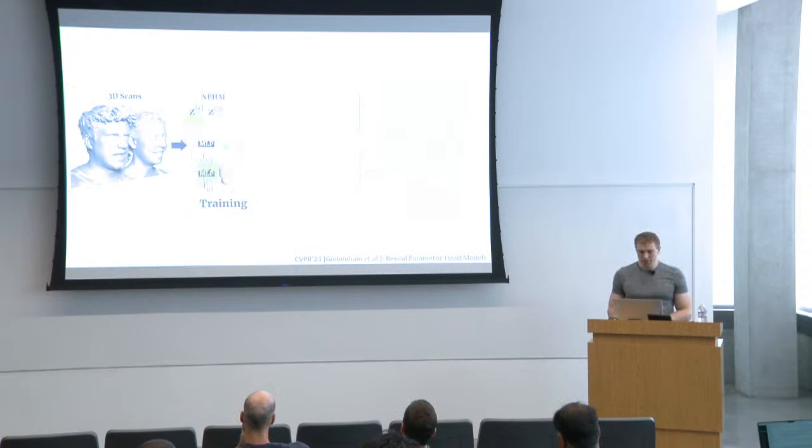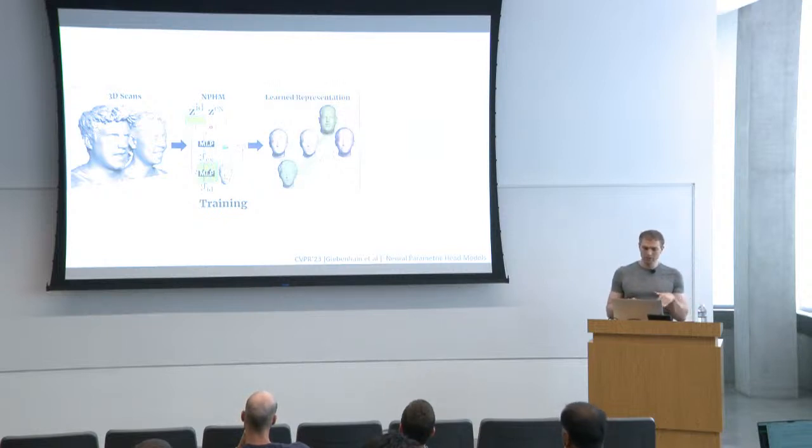And then what we did is we have this NPHM, the neural parametric head model. It's basically composed of two MLPs, one for the expressions and one for the identity. And they're parameterized, similar to the NPMs we had before, by a latent code that controls each of these spaces, right? And then we have a learned representation where we're changing the latent codes.